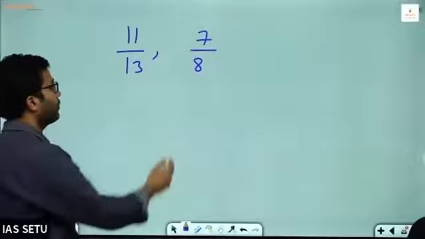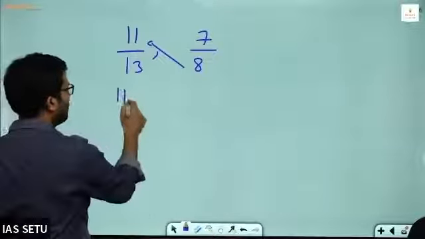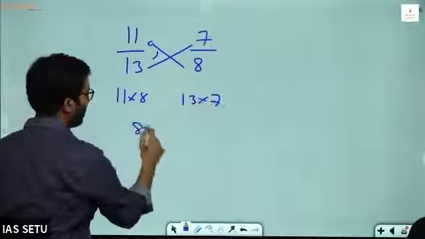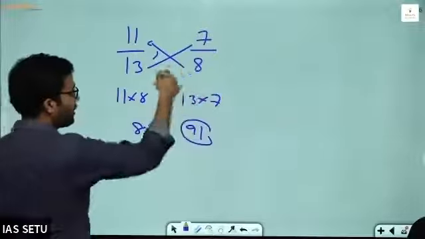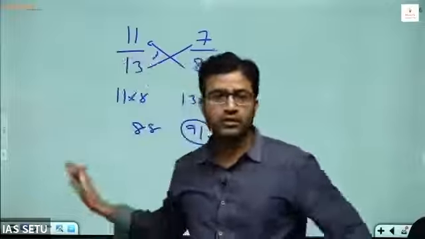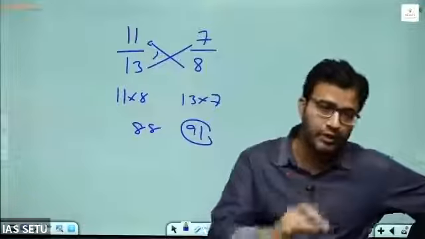Cross multiply, we take 8 here, so it is 11 into 8. Take 13 here, 13 into 7, so this is 88, this is 91, so 91 is larger, so 7/8 is larger. Okay, cross multiplication, you have to take denominator other side.